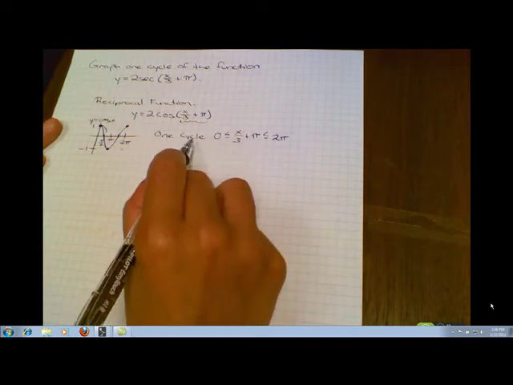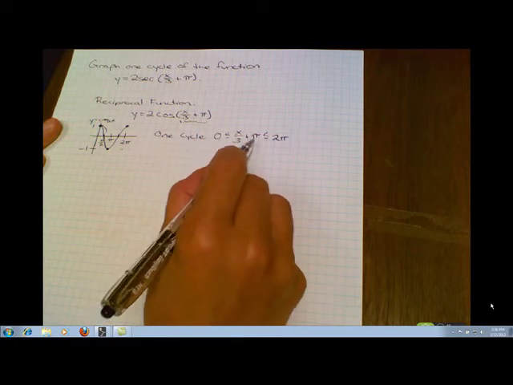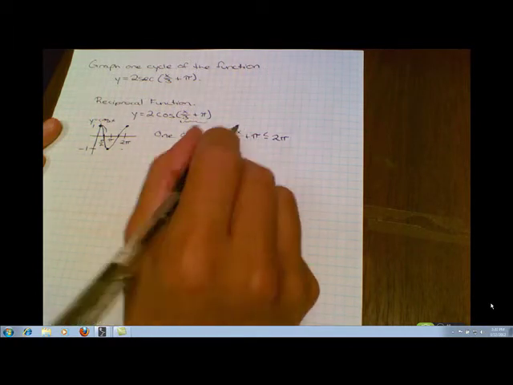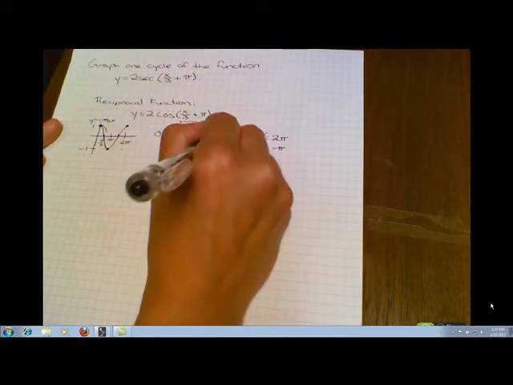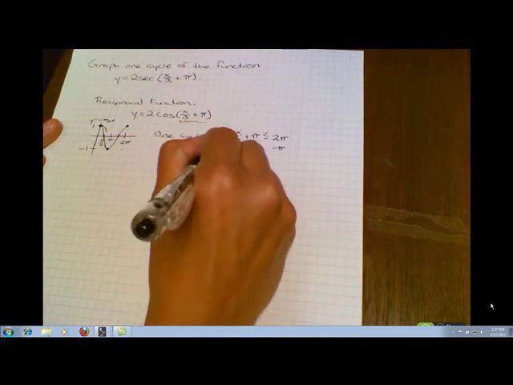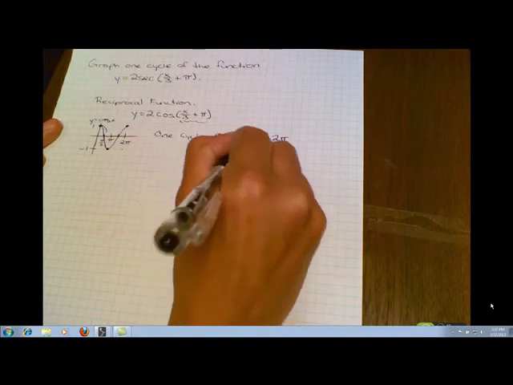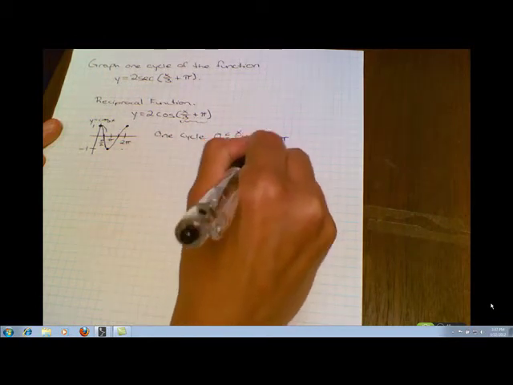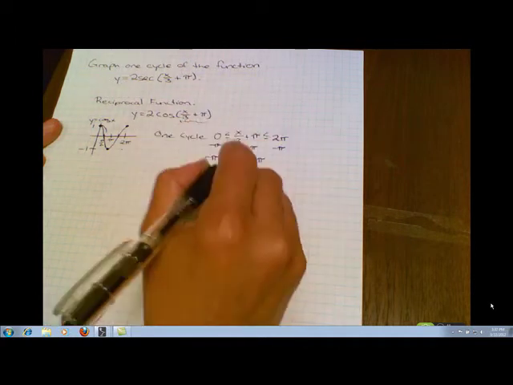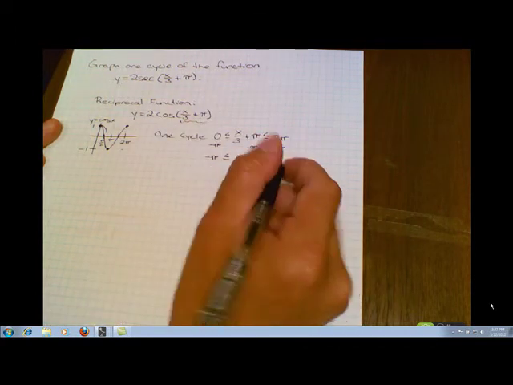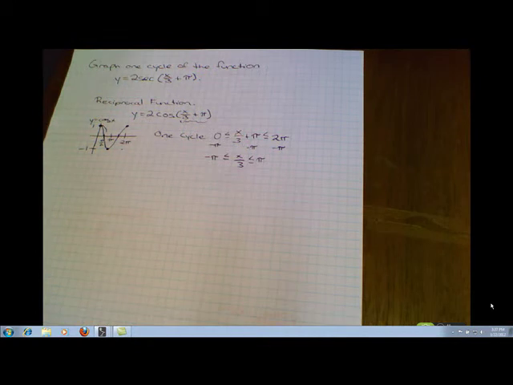as all of that, x over 3 plus pi, goes from 0 to 2 pi. Now we can find the starting and ending values for one cycle of this graph by isolating x in this inequality. So I'm going to just subtract pi from each part of the inequality. So I get negative pi is less than or equal to x over 3, less than or equal to pi.